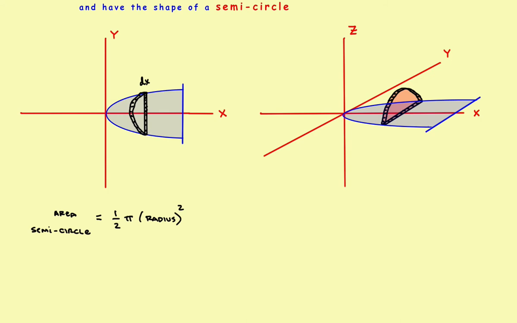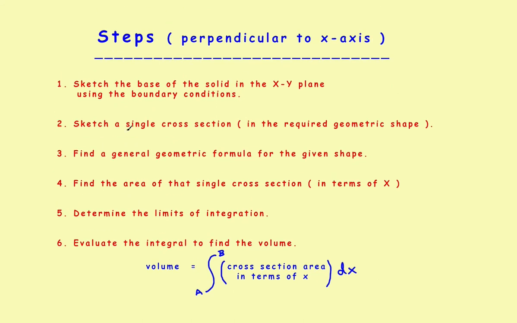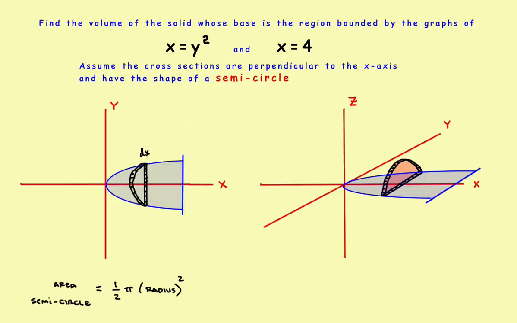So let's go back to our steps again, and you've got step 3 done. Now what step 4 says is this: rather than working with the general formula, to be able to evaluate this integral later on, you're going to need the cross-sectional area specifically in terms of the figure that you've got. So this one says, find the area of a single cross-section in terms of x as it applies specifically to your figure. So let's go back and see what that does.